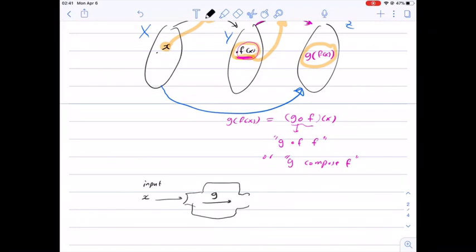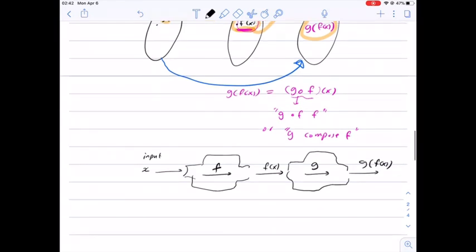The machine processes this input x using the function f, and then we get f of x, and then this will be inserted into another machine. So it will be processed under g, so we get g of f of x. This is the output.